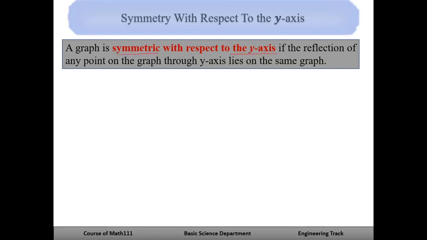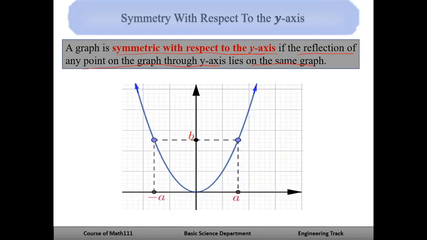A graph is symmetric with respect to y-axis if the reflection of any point on the graph through y-axis lies on the same graph. So if this is the y-axis here, and the graph is symmetric with respect to y-axis, it means if you take any point, its reflection through the y-axis will also be on the graph. Like take this one and take this one.